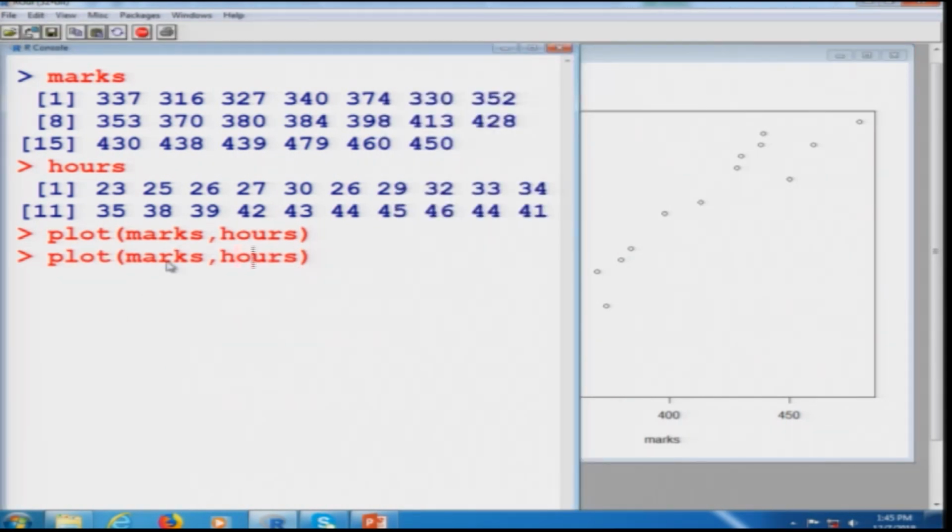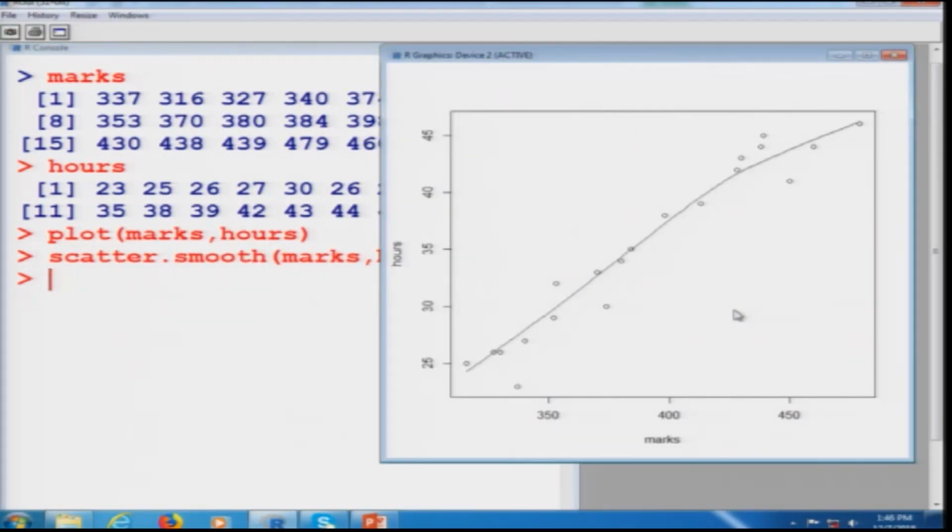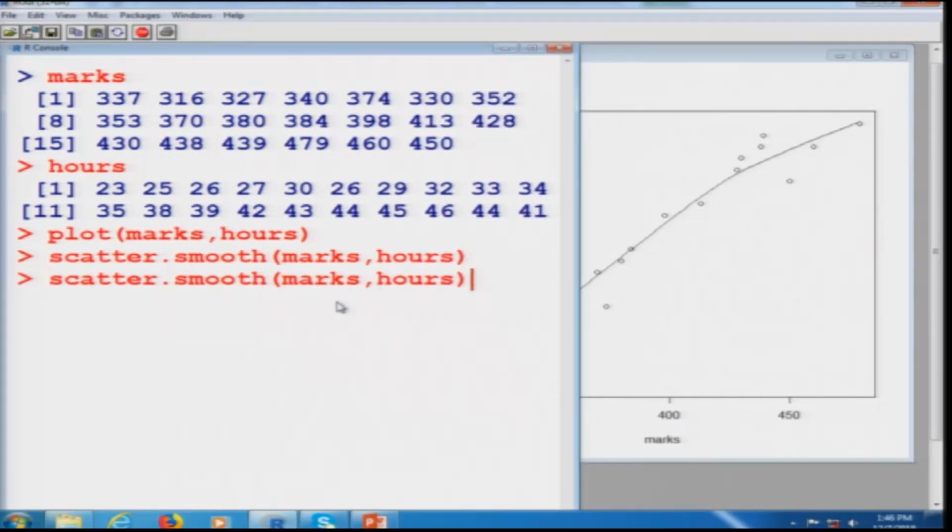If you try to make a trend line also, so try to give scatter dot smooth, and you can see that a line is also plotted here, right.